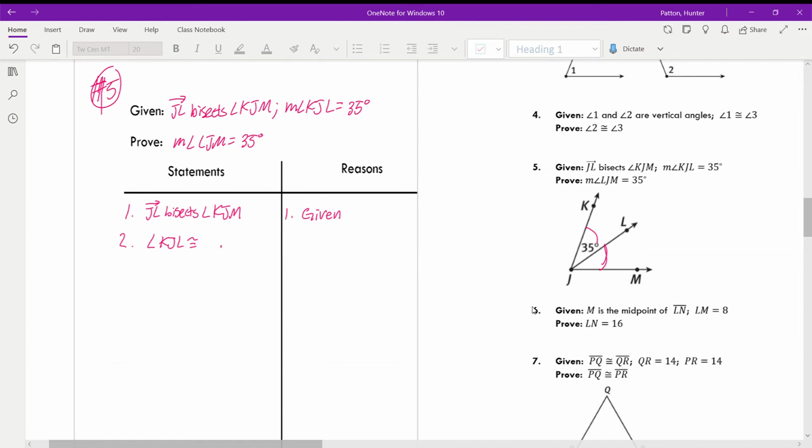I hate using L for an angle, because this angle already looks like an L. Anyway, angle LJM. I used statement 1 to tell me this. The fact that JL was an angle bisector is what allowed me to say that KJL was congruent to LJM. So this is by the definition of angle bisector.